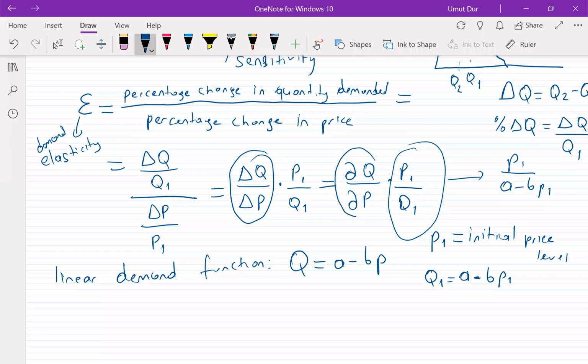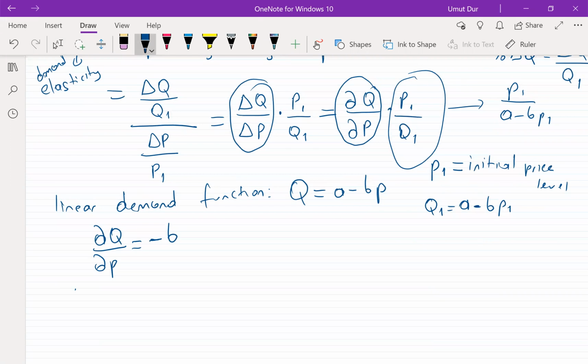What about this term? What is the derivative of this demand function with respect to price? What is that? It is minus B. So dq over dp will be minus B. Then the price elasticity for this linear demand function will be minus B times P1 over A minus B P1.